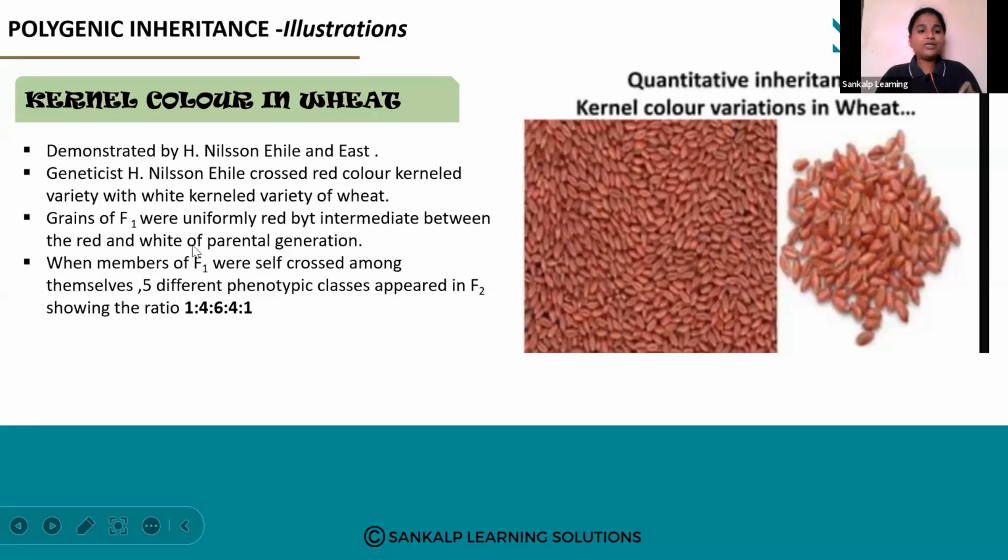When members of F1 were self-crossed among themselves, 5 different phenotypic classes appeared in F2. So when we allowed self-pollination, in the F2 generation we got 5 different varieties.